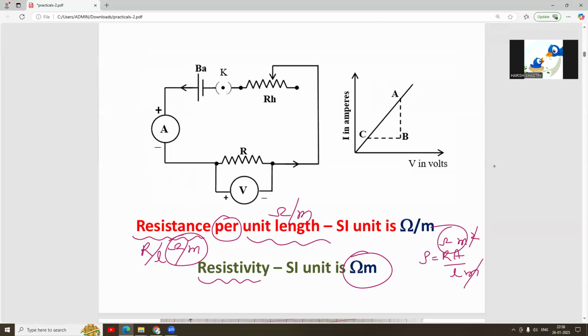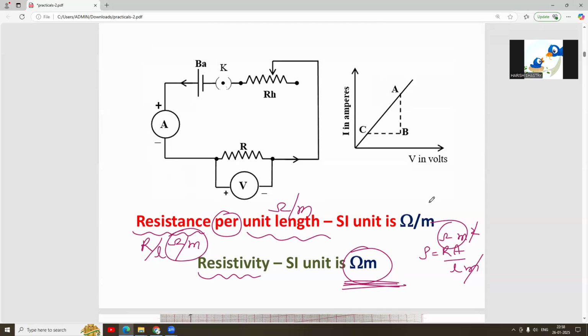Finally what remains is ohm meter. So resistivity is ohm meter, resistance per unit length is ohm per meter. This may be a viva question, so don't get confused for such very simple things. This is one area where you usually go wrong.